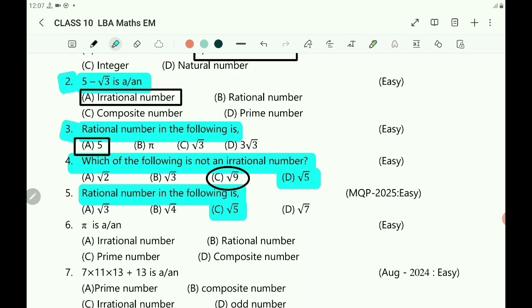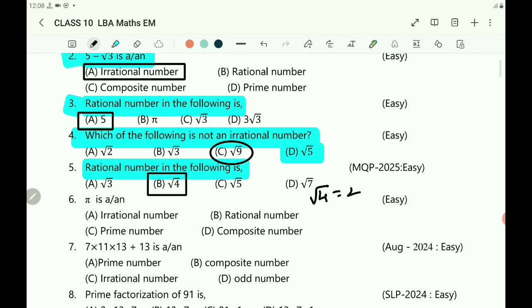Root 5 is not rational, it is irrational. Option D, root 7. Root 7 is also irrational, it is not rational. So what is the answer? The answer is B. B is the correct answer. Root 4 is rational because root 4 is equal to 2, which is rational.